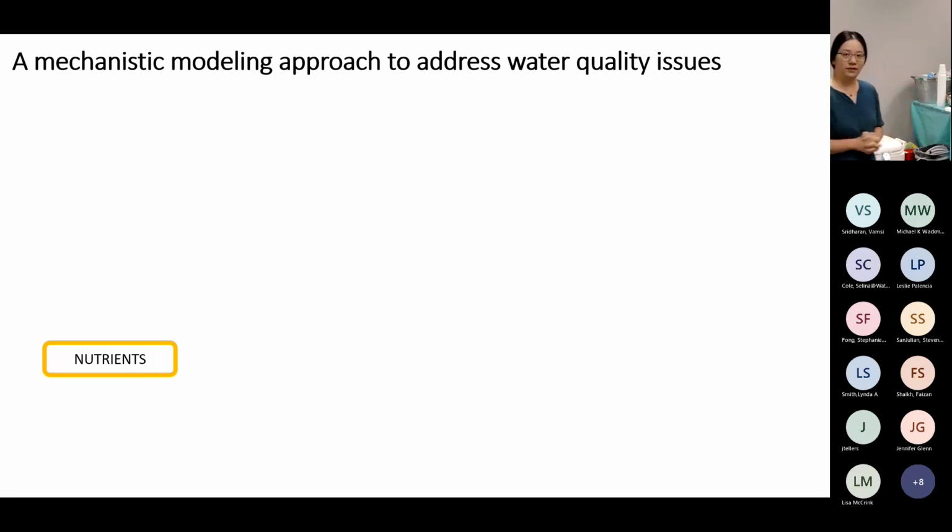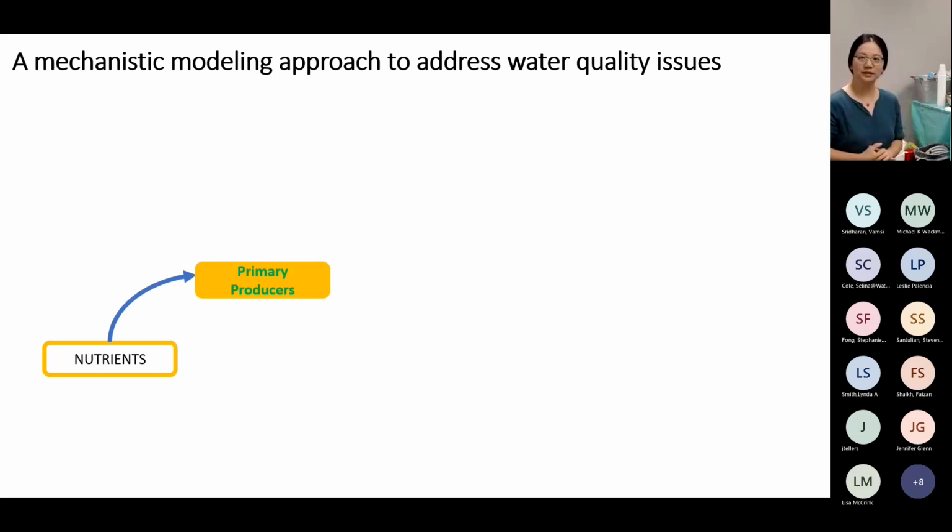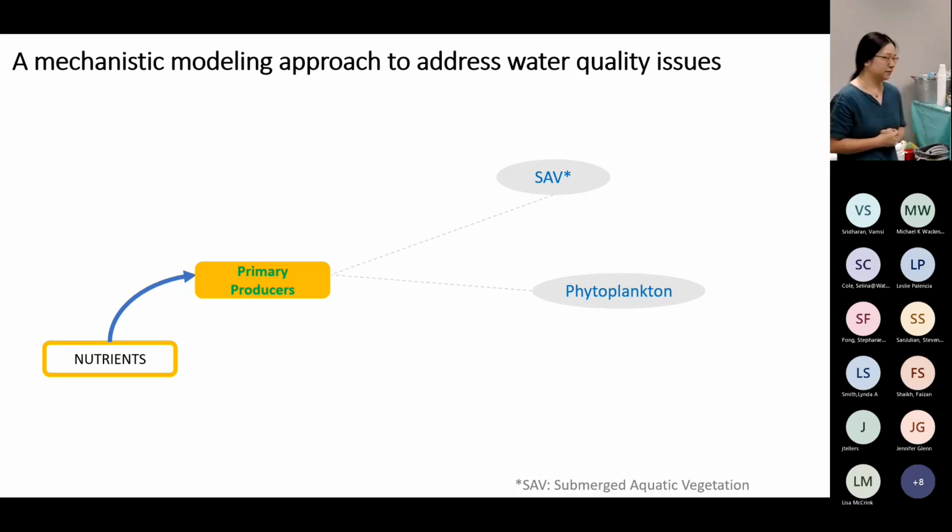Our delta system is a high nutrient environment, and the presence of nutrients has the potential to fuel the growth of primary producers, which include submerged aquatic vegetation and phytoplankton, also benthic algae and other types of vegetation that I haven't listed here.